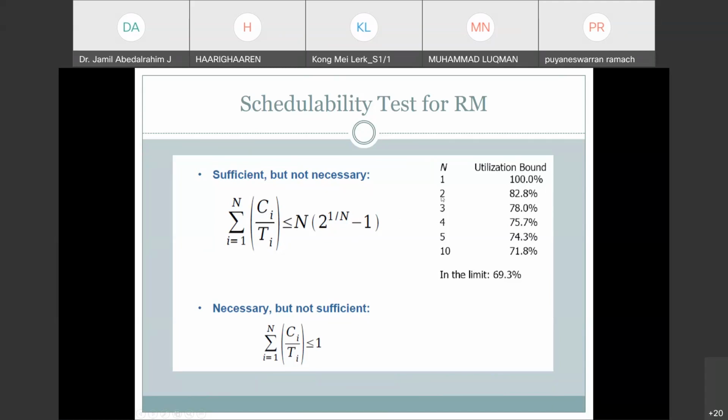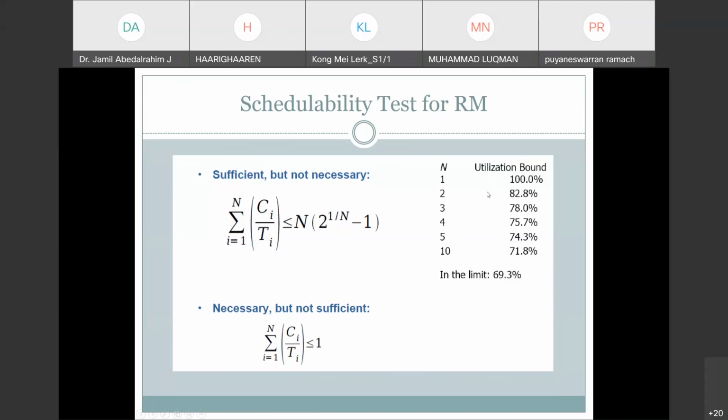If we have 2 processes, it will be 82.8%. For 3 processes it will be 0.78. 4 processes will be 0.75, 5 processes, and so on. This is the utilization bound.